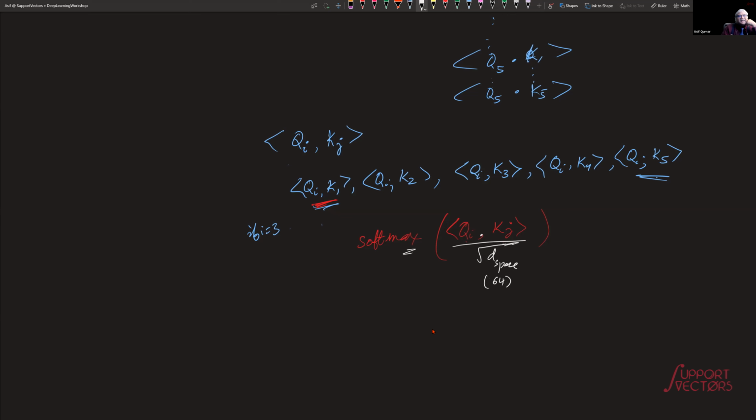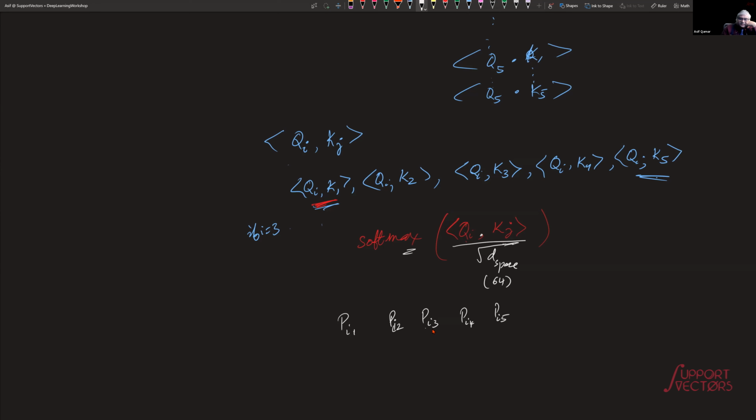So you take the softmax. What will happen? It will convert all of these into probabilities. Each of these numbers, when you softmax it, you will end up with pi1, pi2, pi3, pi4, pi5. Think of these as a measure of nearness of the Qi vector to each of these words, how much attention the word i is paying to these other words, right?